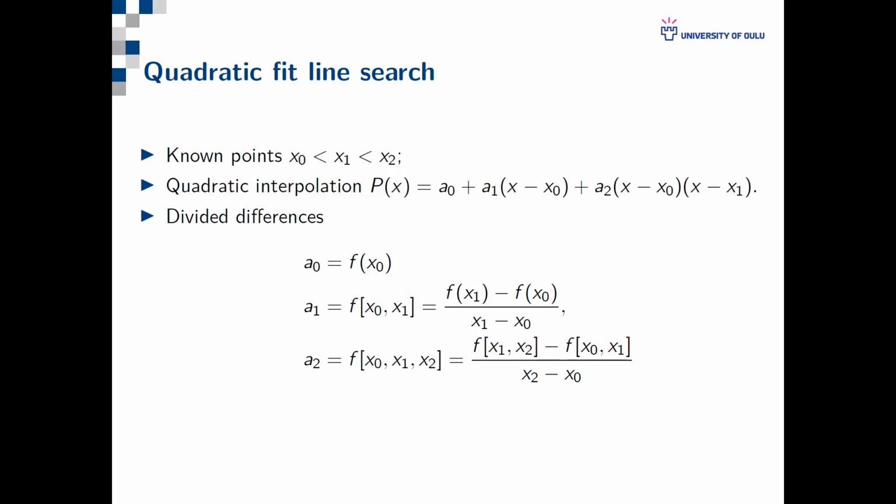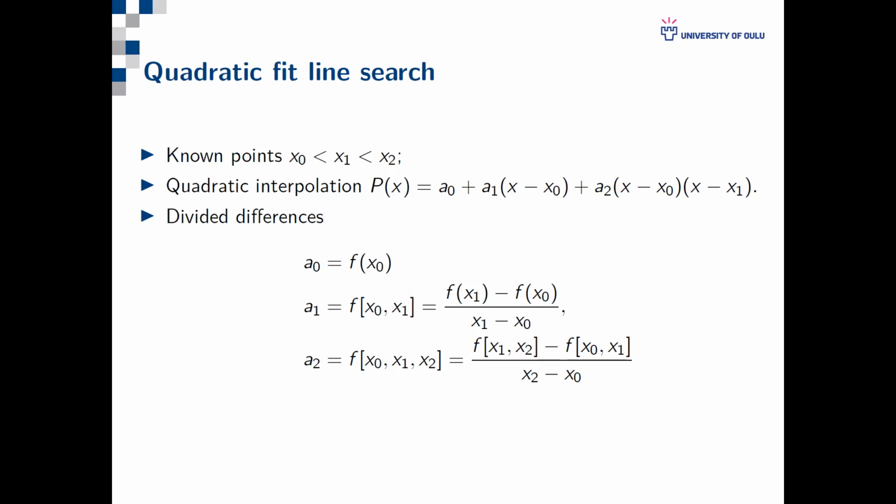You can compute the interpolation polynomial in every way, but I have used the divided differences because it is, at least to me, the simplest one. So a0 must be the value of the function at x0. The constant a1 is the first divided difference between the function at x0 and x1. So this one is actually the approximation of the first derivative at point x0.